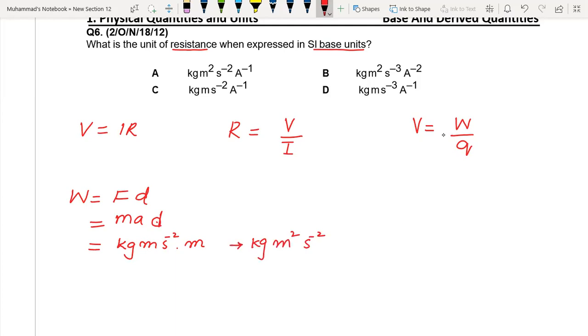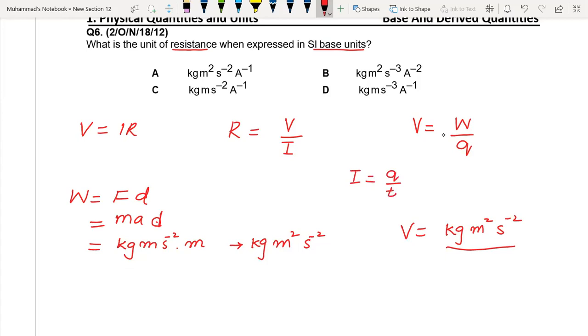So what is the SI base unit of potential difference? Work is kg m² s⁻² divided by Q, which is charge, and you know that I is charge over time.